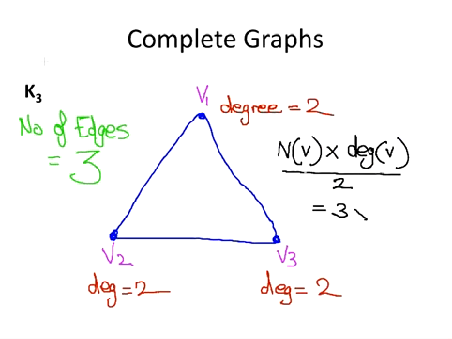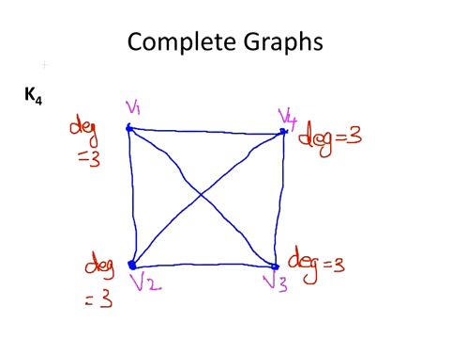Here we have 3 times 2 all over 2, and that gives us 3. Now you may ask, why are we dividing by 2? It's essentially because we would count each edge twice otherwise, so it's to stop that.